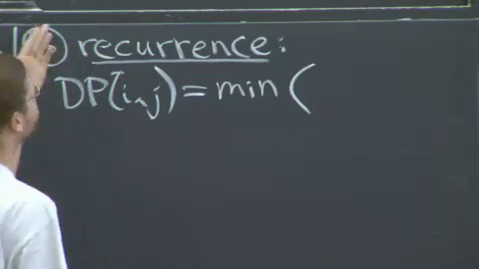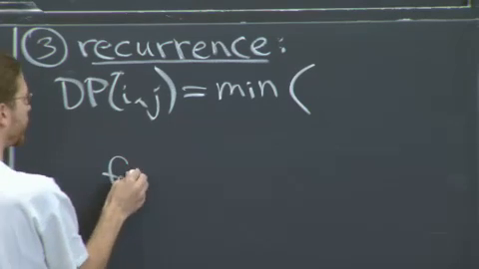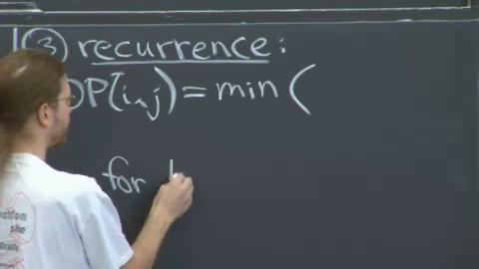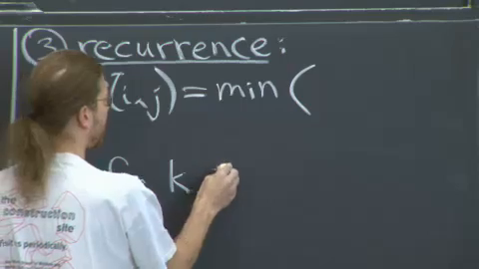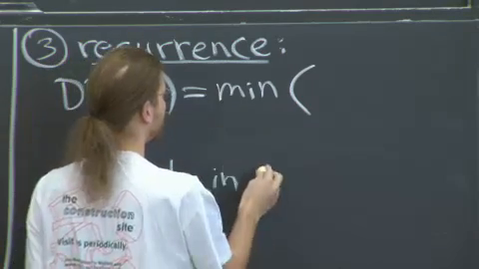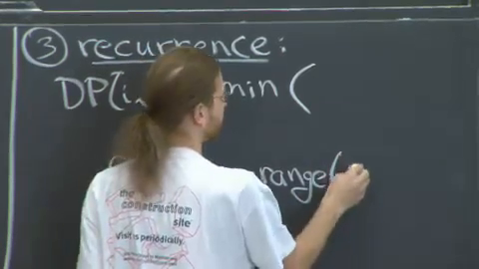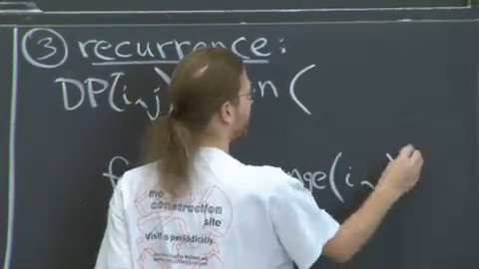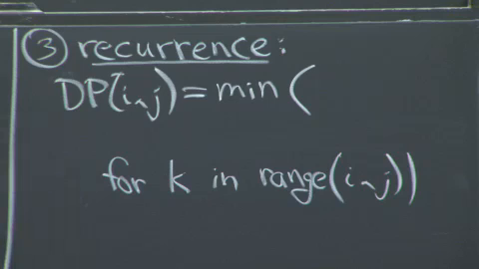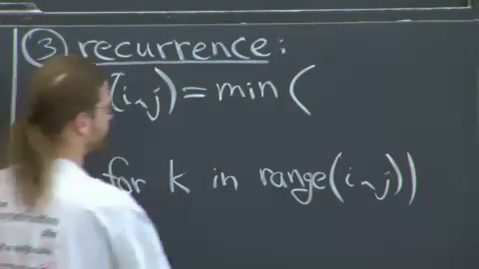And for each choice of k, so there's going to be a for loop. I'm going to use Python notation here with iterators. So k is going to be in the range, I think range i plus 1 j is correct. I'm going to double check there's no off by ones here. It says i plus 1 j. I think that's probably right.